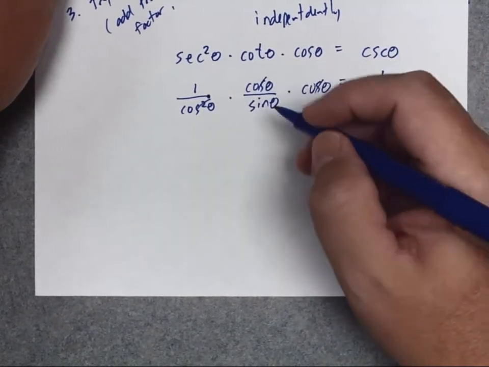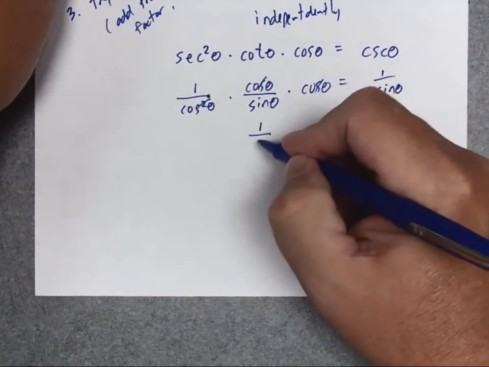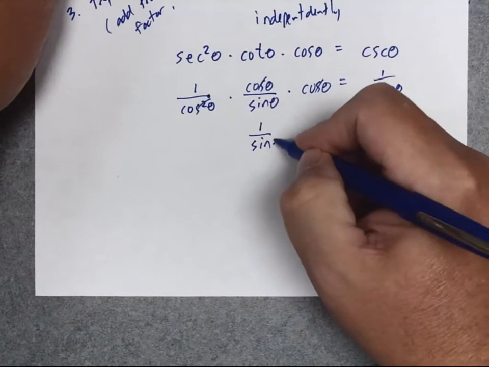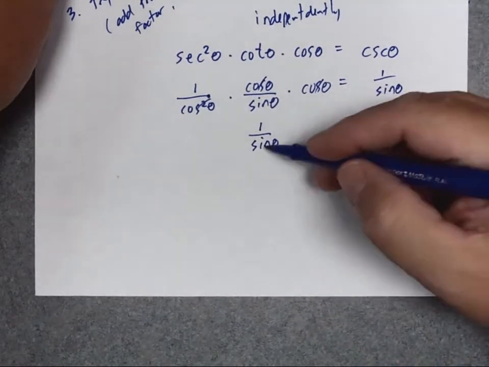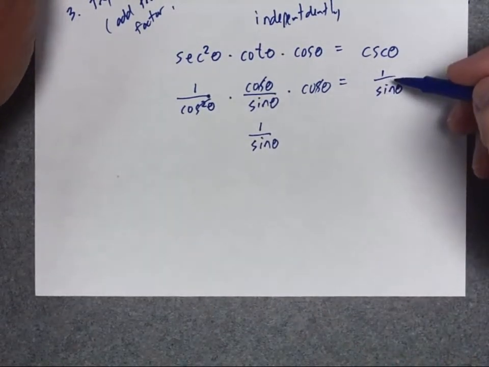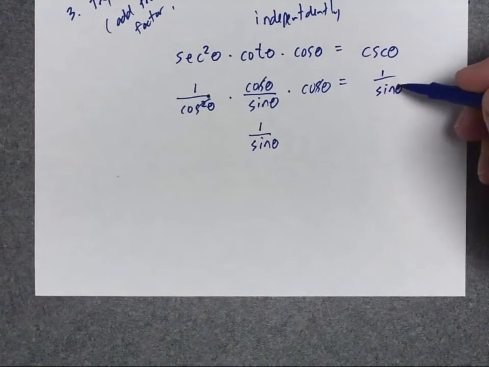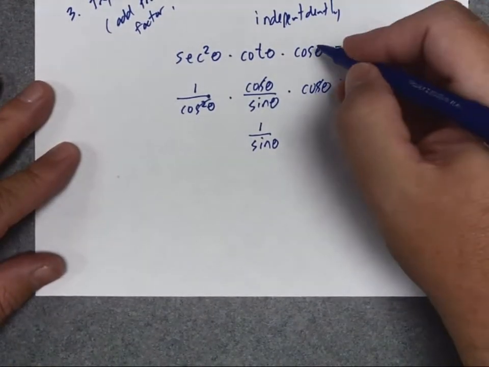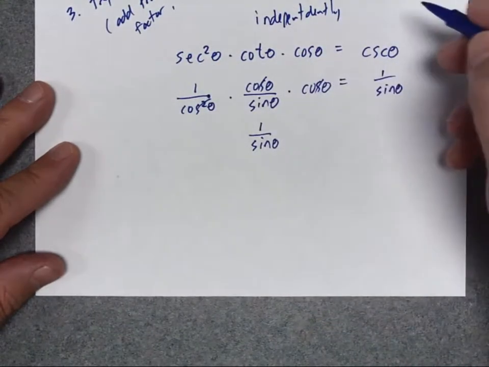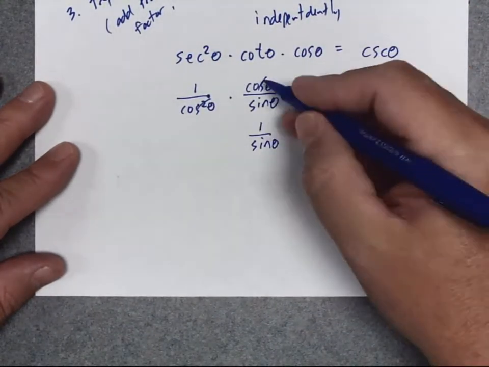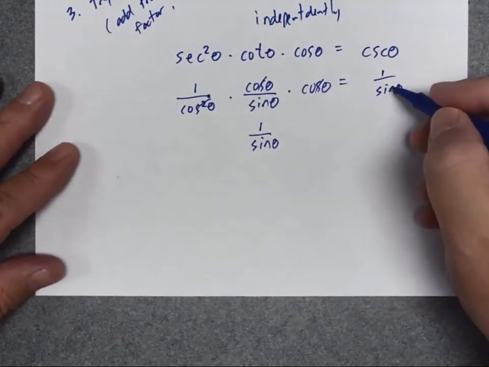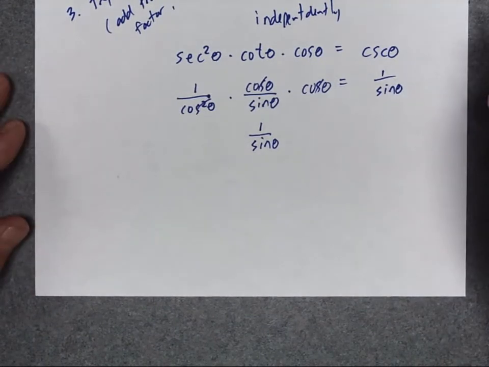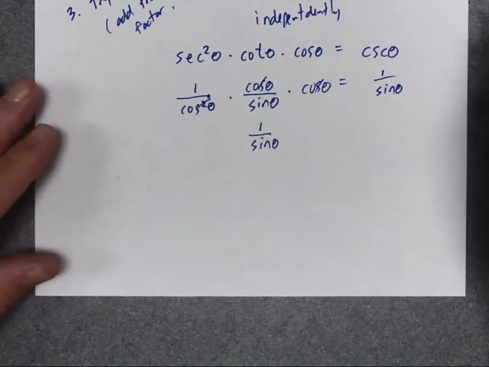And then what am I left with on the left-hand side? 1 over sine of theta, which is what the right-hand side is. So I've taken the left-hand side and shown that it equals the right-hand side. I've proven this identity.